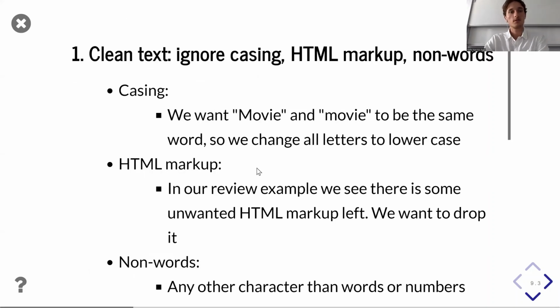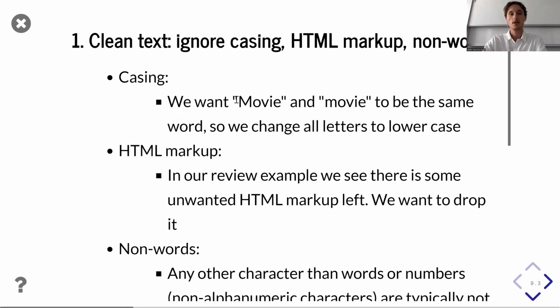So first, we need to clean the text. Cleaning the text means we can ignore the casing of words, for example. We want movie with a capital M and movie with a small m to be the same word. So normally we will change all letters to lowercase.